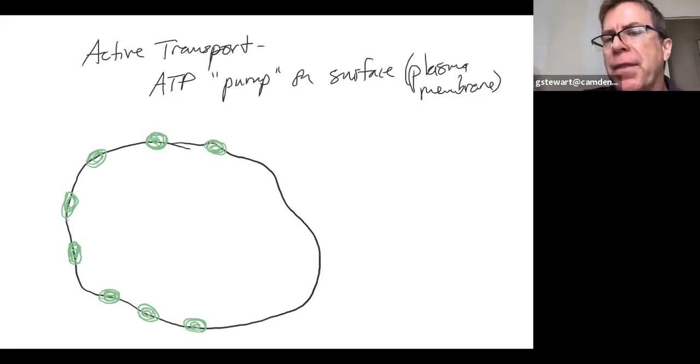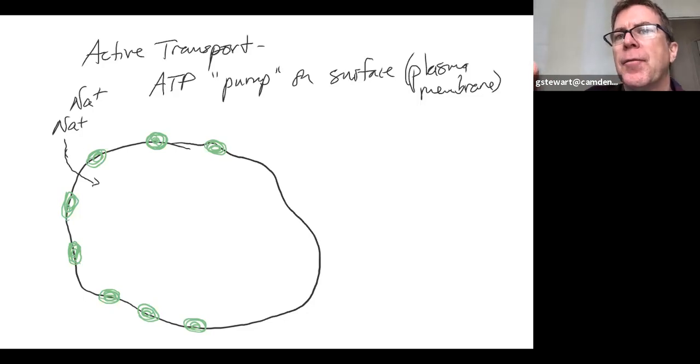So what that means is, let's just say I have a lot of sodium ions out here. That's Na+. If there's a lot of sodium ions outside of the cell and not so many inside the cell, by simple diffusion, they just want to go in because they want to flow down their concentration gradient, just like the perfume does.